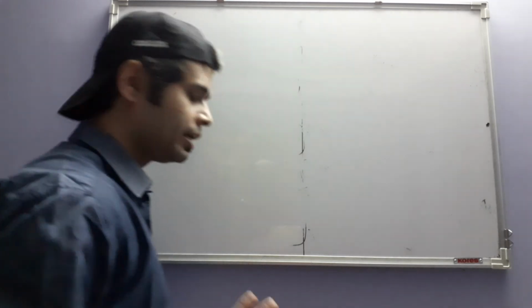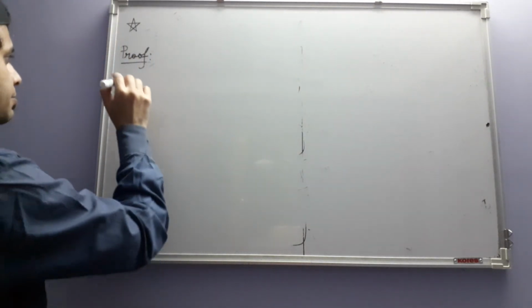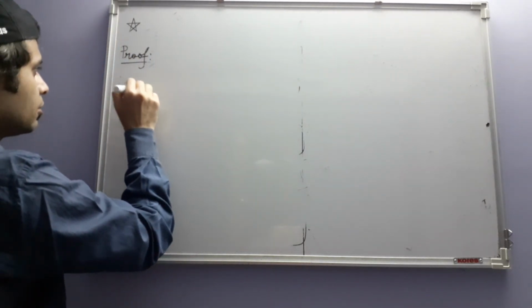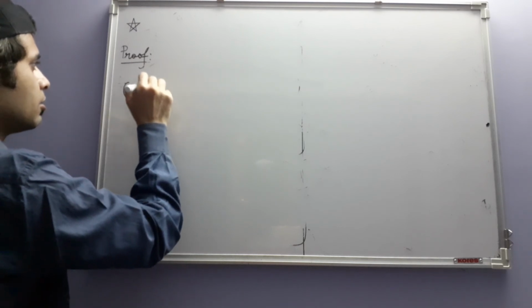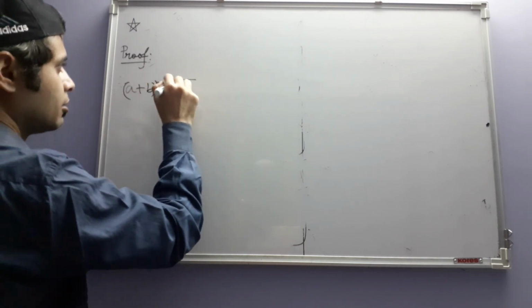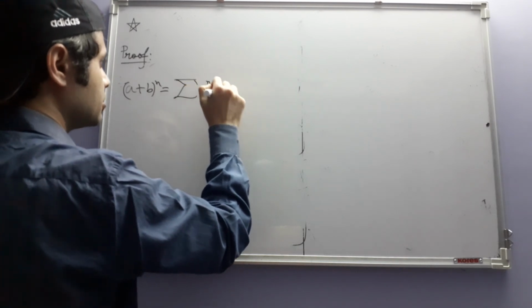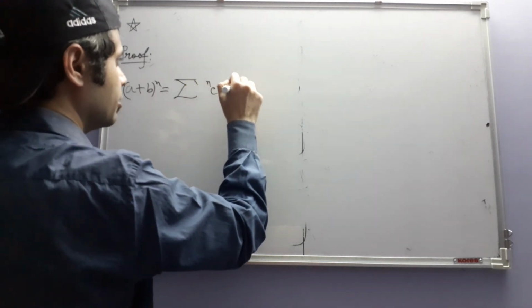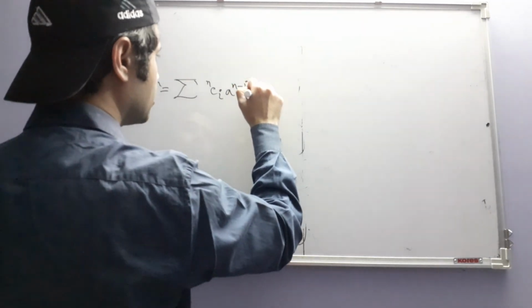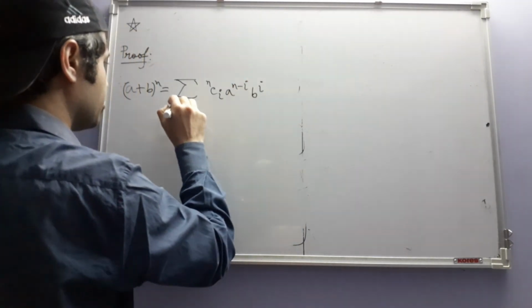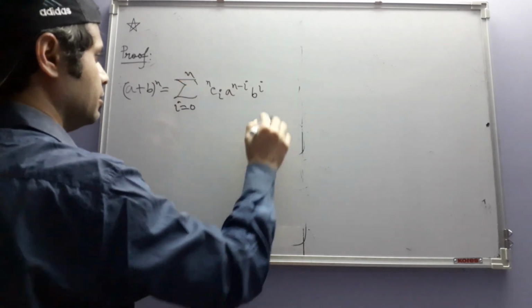Okay, so now we have established the formula: (a plus b) whole to the power n is equal to the sum of nCi a to the power n minus i b to the power i, where i is varying from 0 to n.